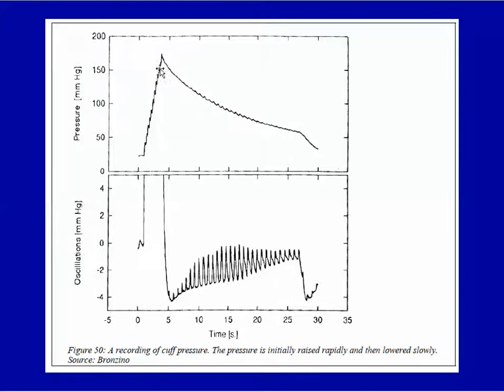So initially pressure is applied to above what it anticipates systolic pressure is, and then the pressure is gradually lowered. At the same time, the machine is analyzing the oscillations in the cuff. When the oscillations start to increase is what it calls systolic. And when the oscillations stop decreasing, it calls diastolic. But when oscillations are maximal, that is what it determines to be mean arterial pressure.